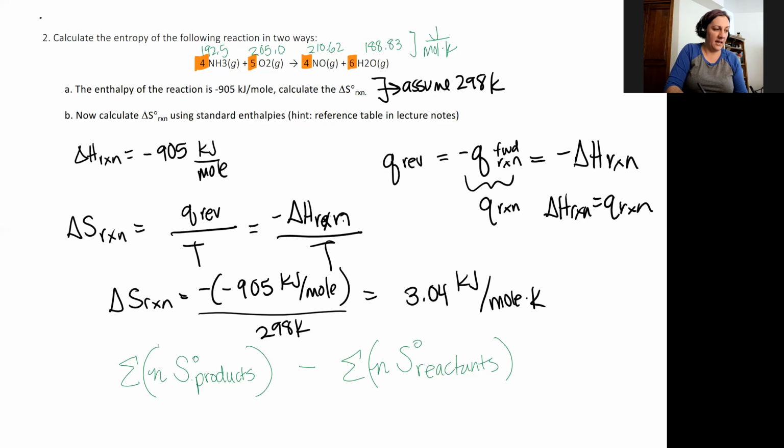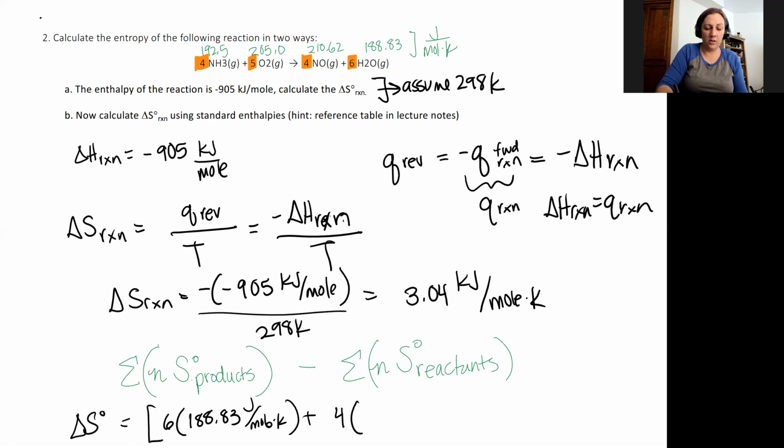So in this case, my change in entropy is, or sorry, entropy. Entropy and enthalpy are easy to flip if you're me, unfortunately. I'll try to watch that. So we're going to start with our products. We're going to take our water and multiply that by our coefficient of 6, and add to that 4 times our 210.62 joules per mole Kelvin.